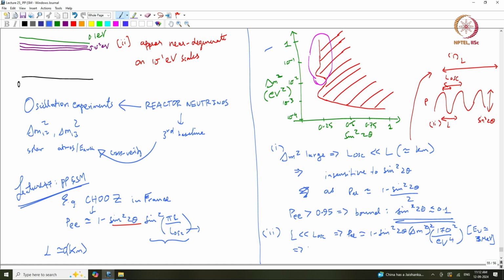And this equation translates to a combined bound on delta m squared and sine square 2 theta, that is about 10 power minus 6. Okay. So, that is what is depicted here, this region.